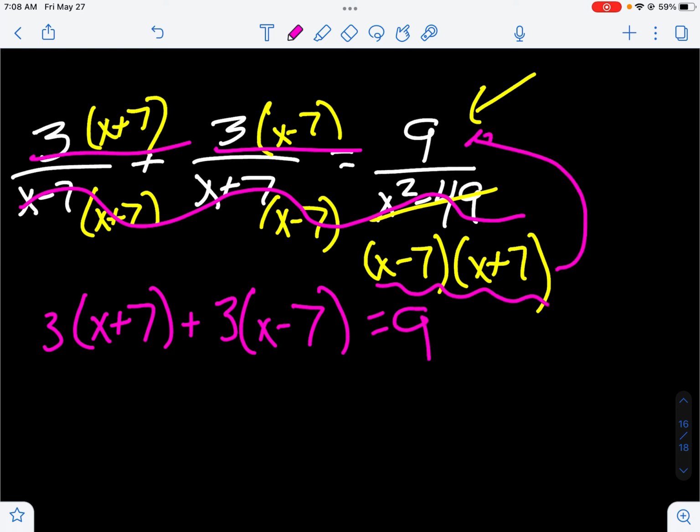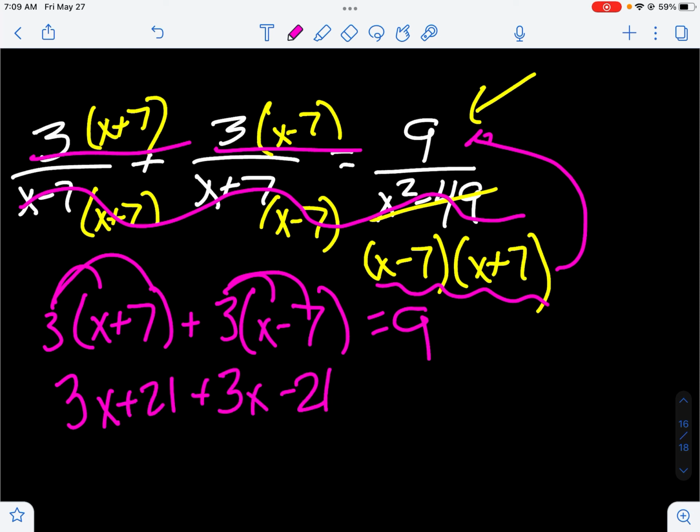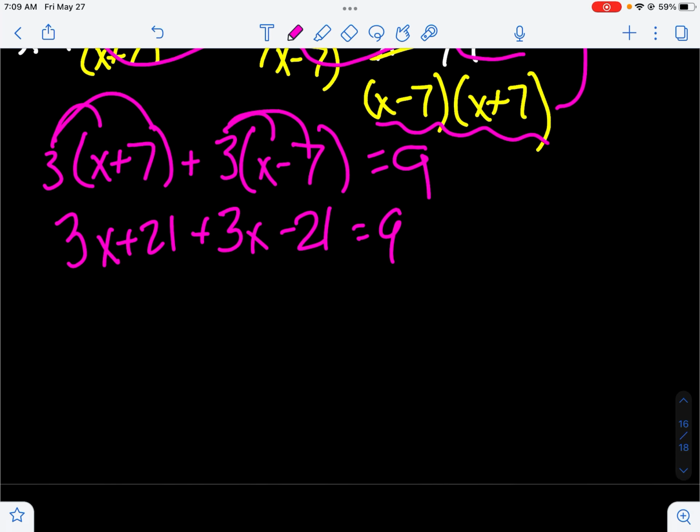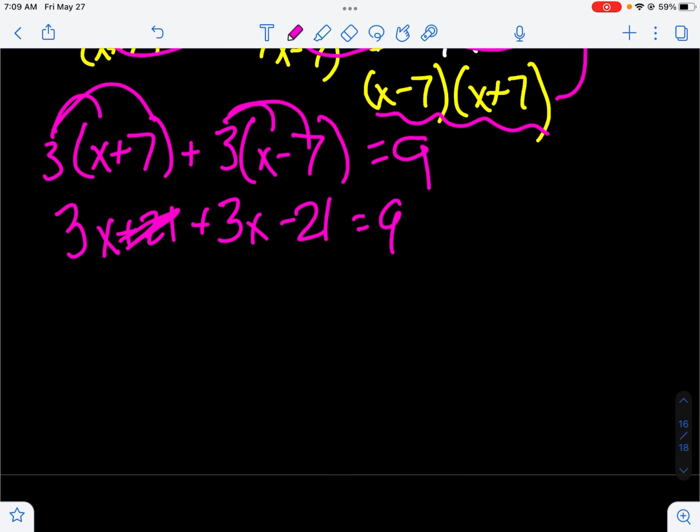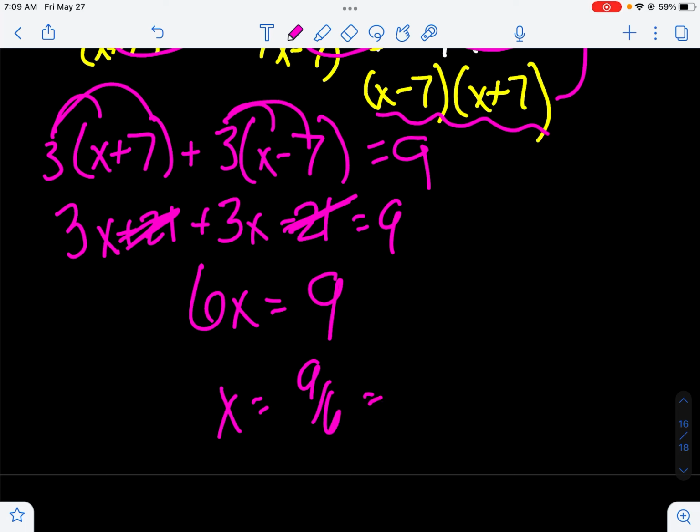So it's just going to be equal to 9. So then we would distribute the 3's. We have a positive 21 and a negative 21. We have 6x equals 9, so x equals 9 over 6, which would just be 3 over 2.